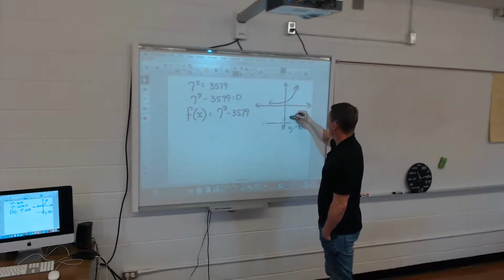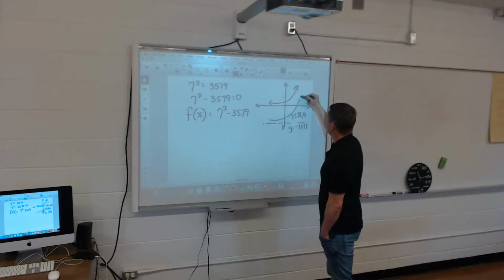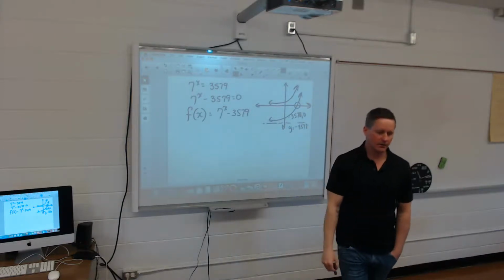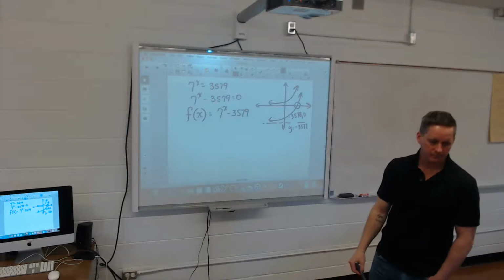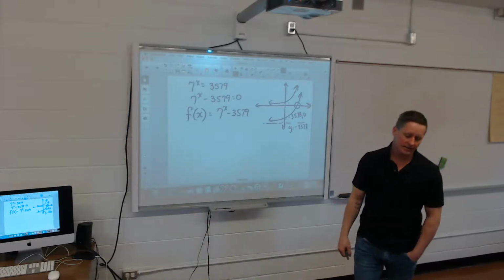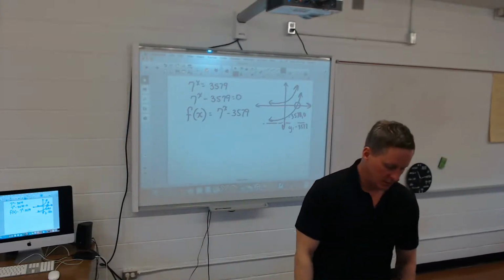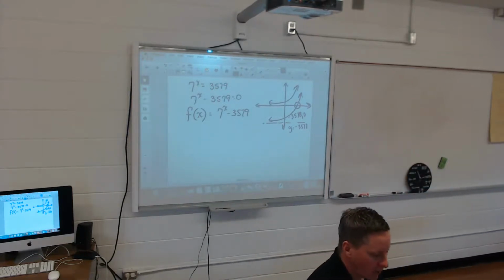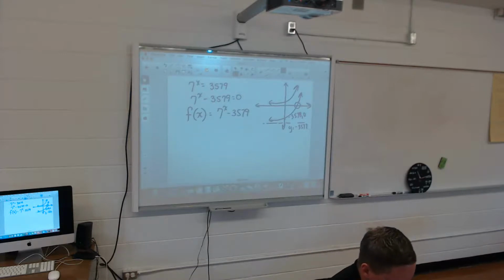This would be negative 3,578 and 0. And then they want you to find your 0 in that case there. Okay, so that's in method 2. So you can do one or the other. You can graph two equations, y1 and y2, or you can graph it as one single equation and find out where the 0 is.